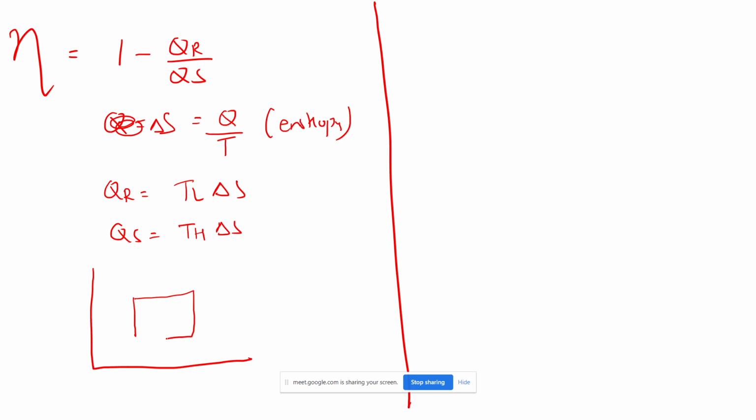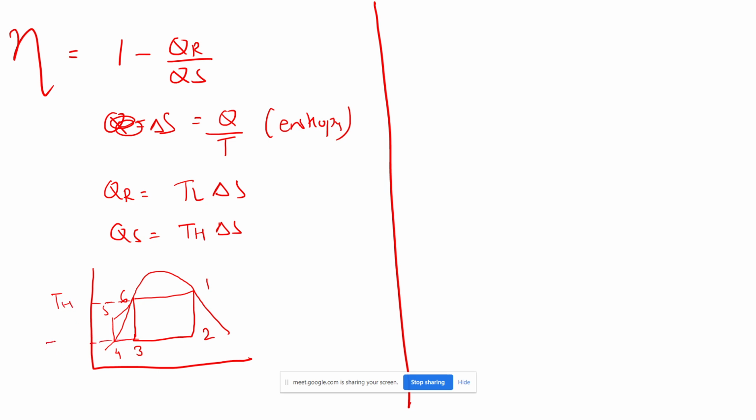This is the Rankine cycle. We'll mark 1, 2, 3, 4, 5, 6. This is the higher temperature, T higher.